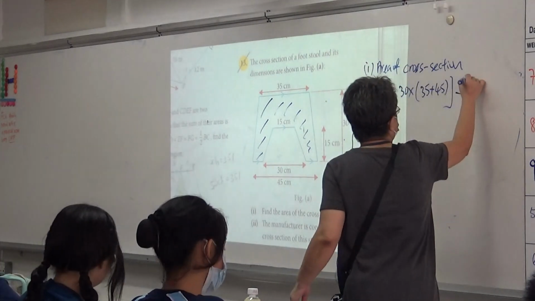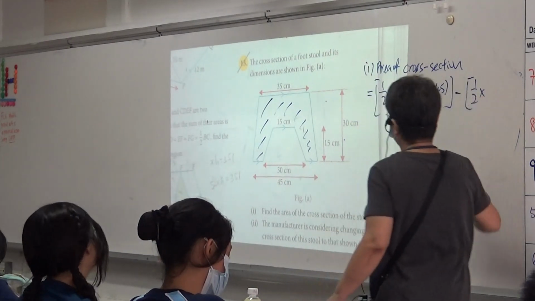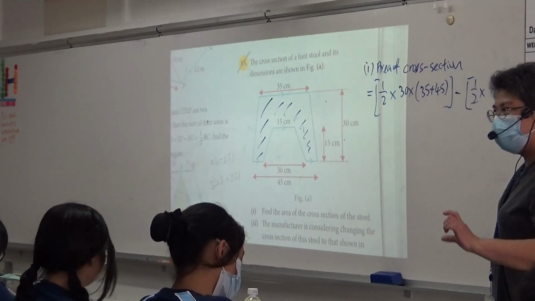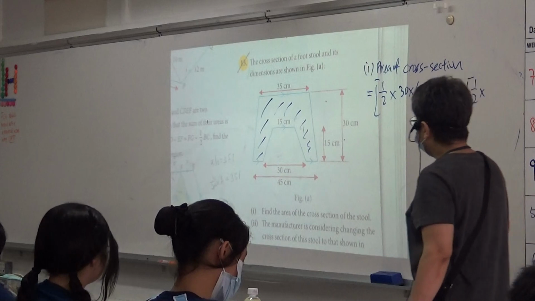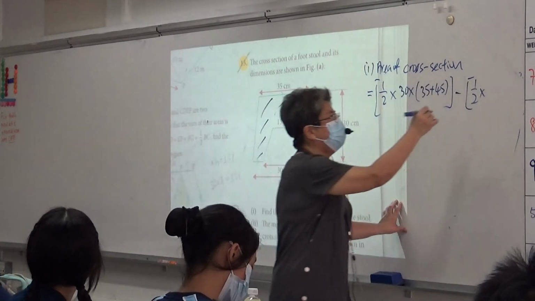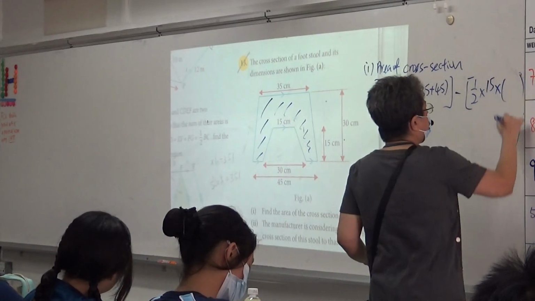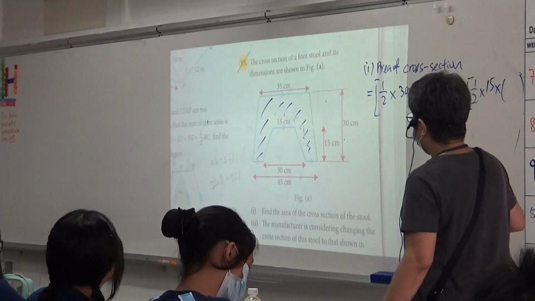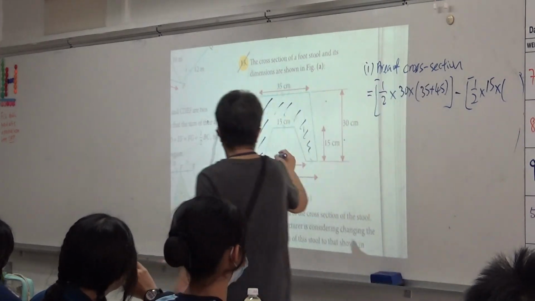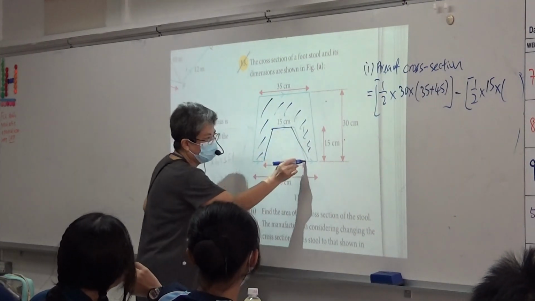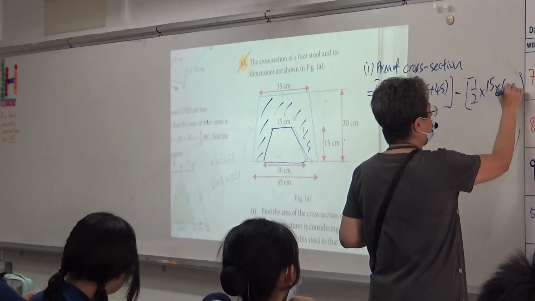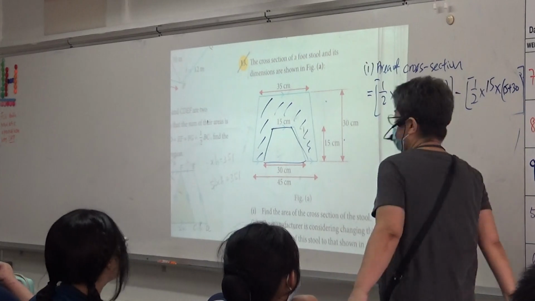Then I minus the small trapezium. Half times what? What's the height of the small trapezium? 13? What's this? 15, okay. Times what plus what? 15 plus? Look carefully, 15 plus 30, very good. Then you close bracket, right?